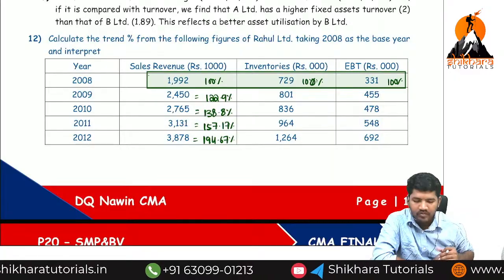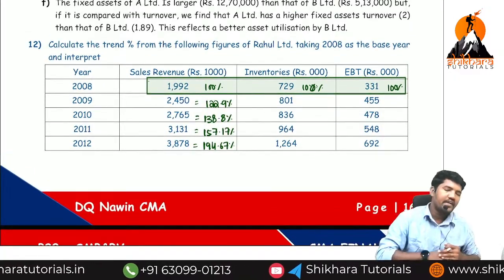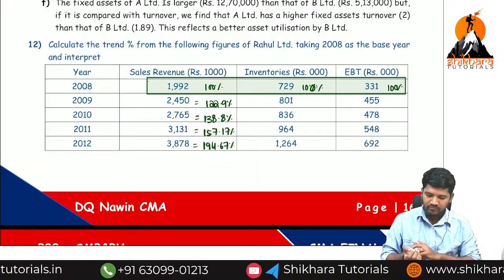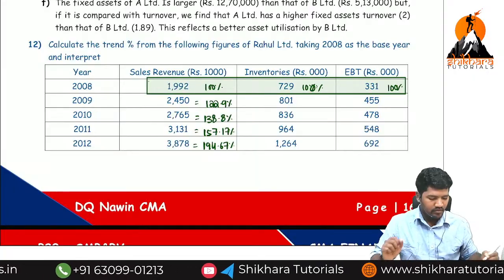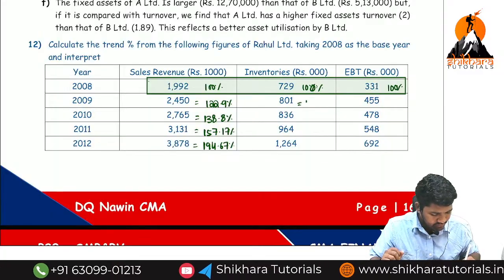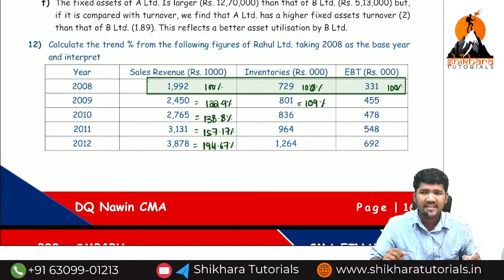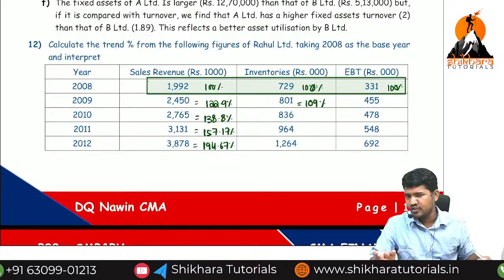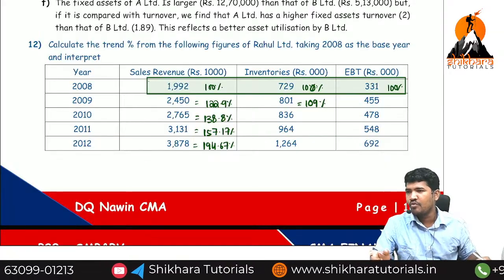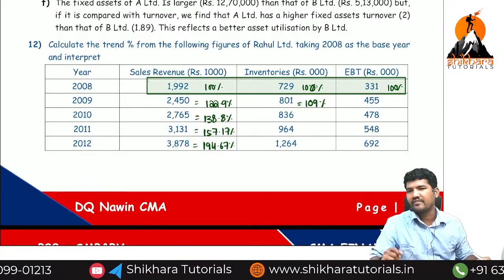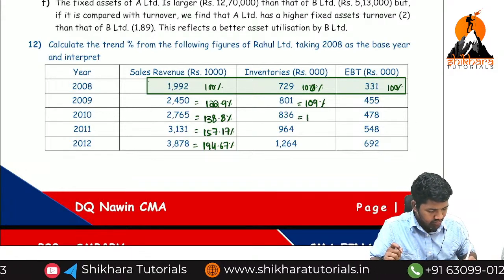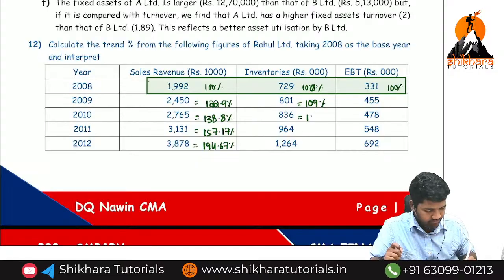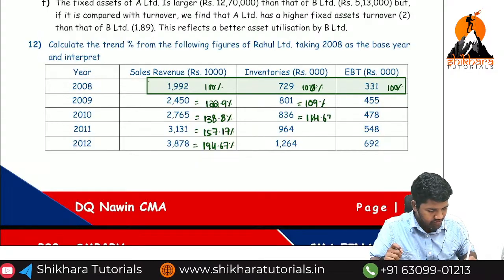Now from the inventories point of view, it is common sense: if sales increase, automatically you need to do more production, and if you want more production, you need more inventory. 114.67 percentage.